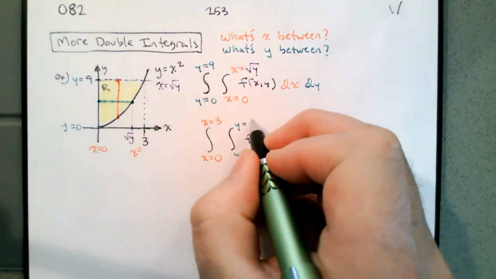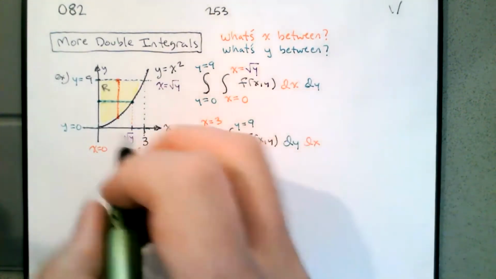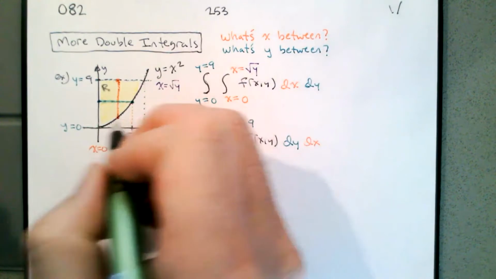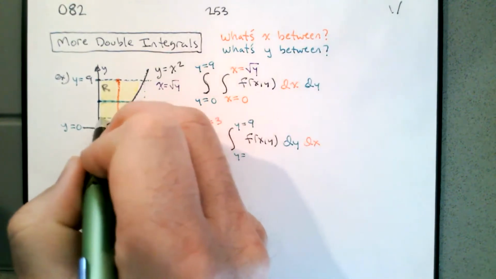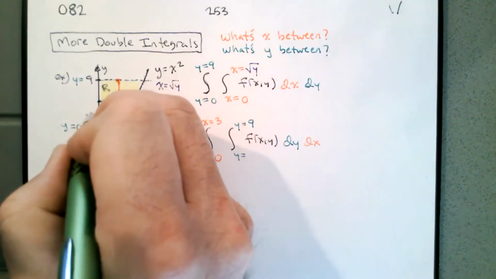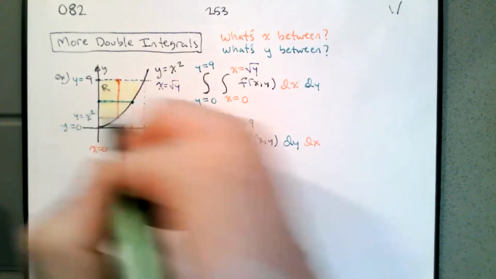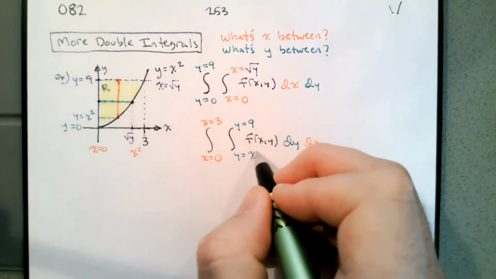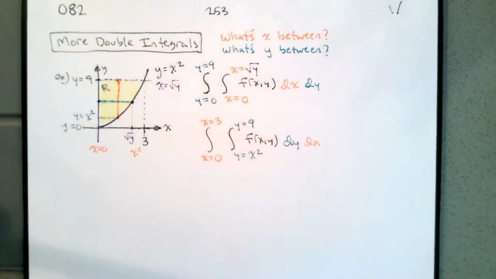Y stops at 9, and y doesn't start until the function. So here is where the function starts, and that's where y is equal to x squared. So y goes from x squared to 9, and x is between 0 and 3.